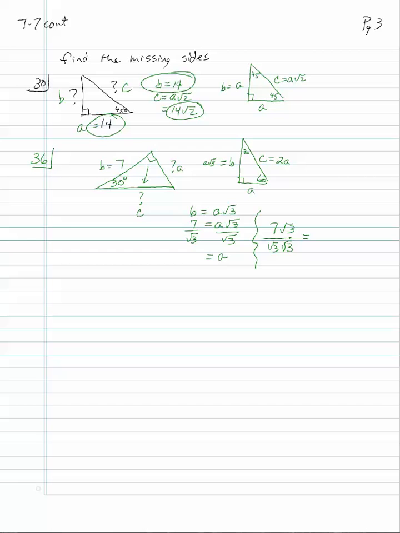So scratch work: 7 square root of 3 over 3 is A. I'll just leave it here. And now I got to figure out C. C is equal to twice A, and we just worked out A is 7 square root of 3 over 3. So C is 14 square root of 3 over 3. And there you go.